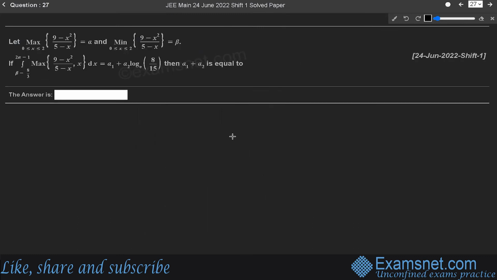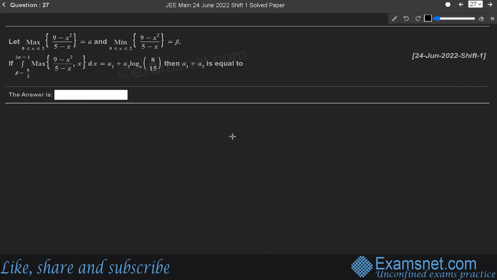Hence, we can say that the required answer for this question is 1. Next question is a very interesting question. Let the maximum value when x lies between 0 and 2 of (9 minus x square) divided by (5 minus x) be equal to alpha, and the minimum value when x belongs to 0 and 2 of (9 minus x square) divided by (5 minus x) be equal to beta.